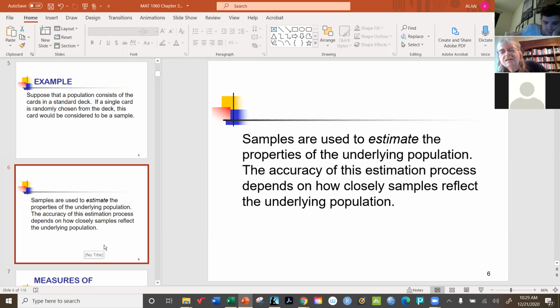Would it be smart for them to choose a random selection of just SUNY Purchase students? Would that be a good move to use that to represent the entire country? And if not, why not?